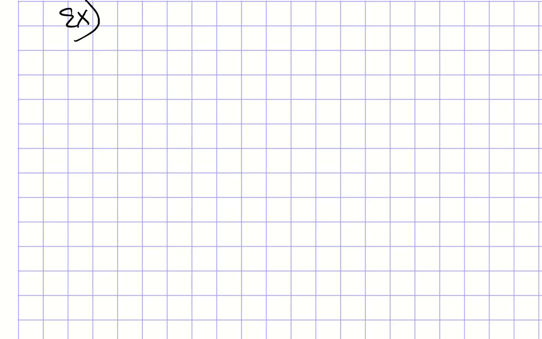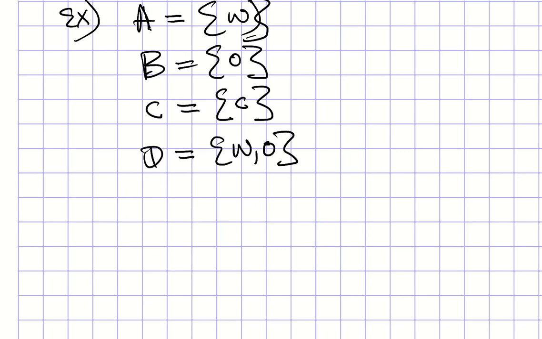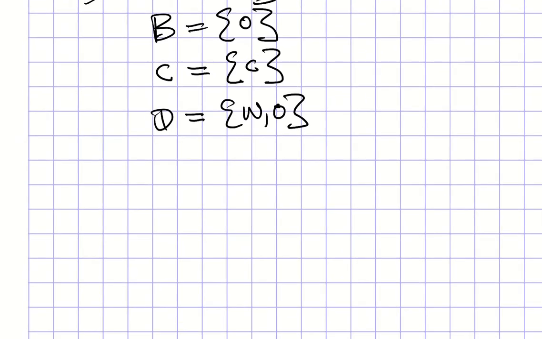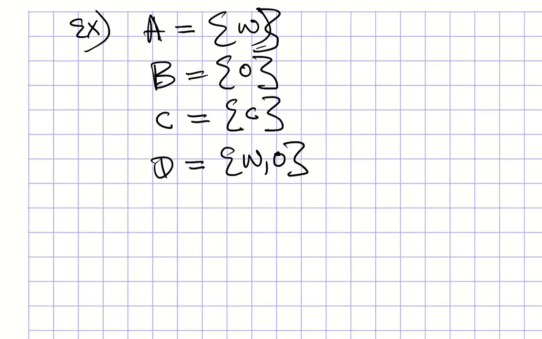Let's say A is a set consisting of W. Remember W, Washington? B is a set consisting of O, which is Oregon. And C is a set consisting of C, which is California. And D is a set consisting of Washington and Oregon. So the universal set in this case, all these are particular sets, right?